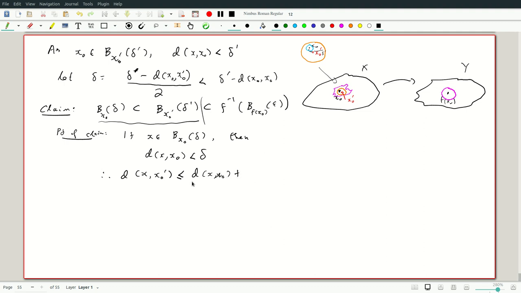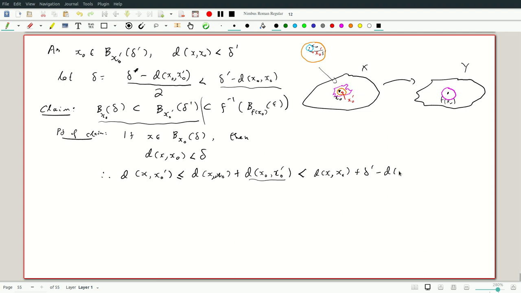So there are two sides to the triangle. I am looking at the distance between x and x0, which is small, and the distance between x0 and x0 prime. Okay, and this second distance is less than delta prime.